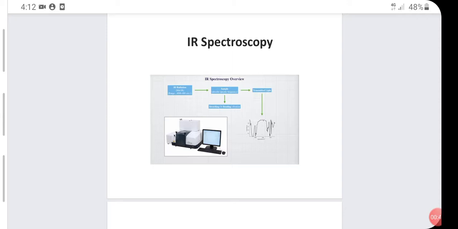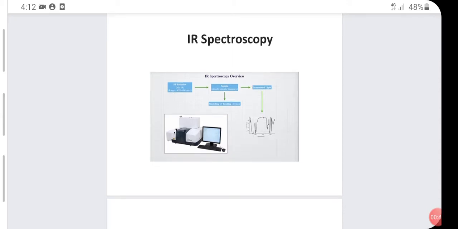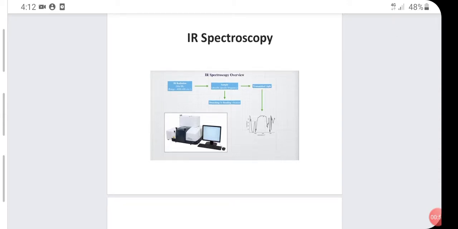The technique of infrared spectroscopy is conducted with an instrument called an IR spectrometer. An IR radiation source is present in the IR spectrometer. IR radiations are lights of different frequencies.